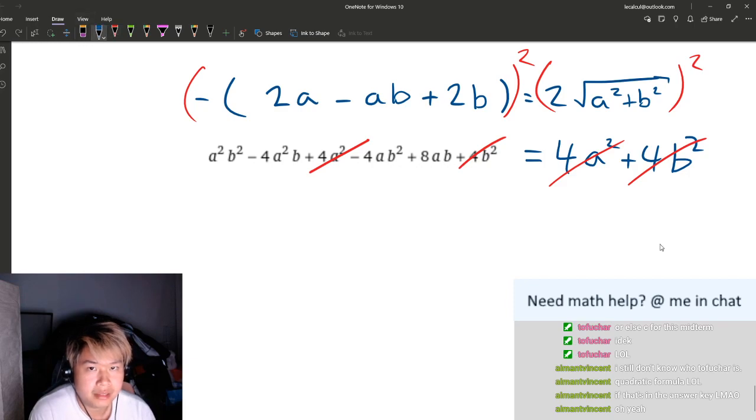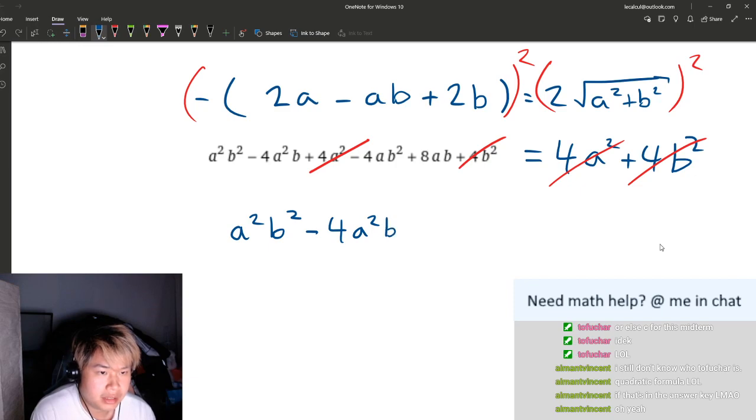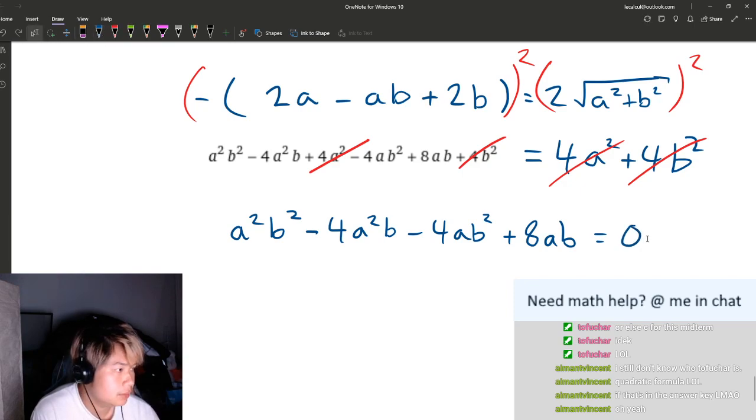Okay, so what do we got? We have A squared B squared minus 4A squared B minus 4AB squared minus 8AB needs to equal 0.